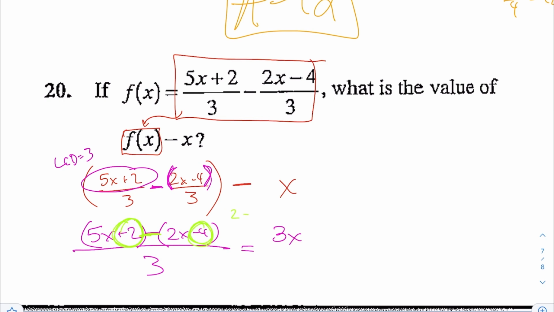And 2 minus negative 4 is equal to 2 plus 4, or 6. So the numerator is literally 3x plus 6. Again, it's positive 2 minus negative 4. And you divide this by 3.